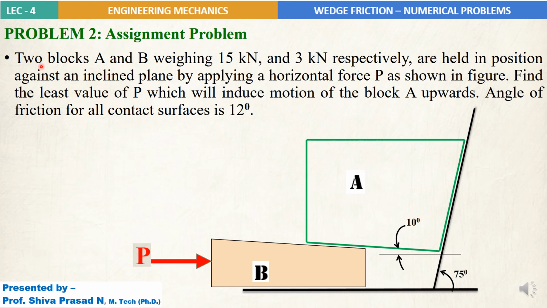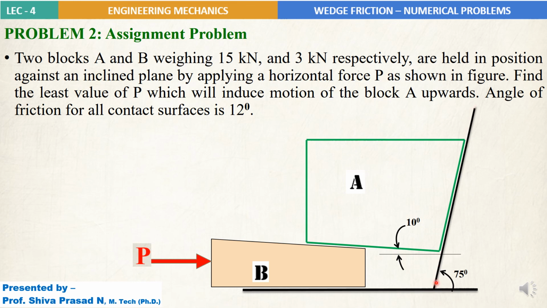we have two blocks A and B weighing 15 kilonewton and 3 kilonewton respectively held in position against an inclined plane by applying a horizontal force P as shown in figure. So please observe here, there is a difference between the previous problem and this problem.